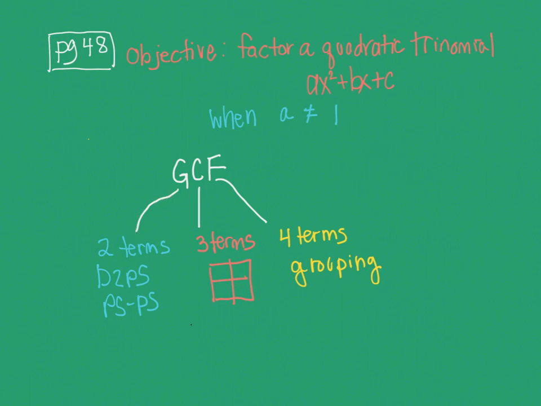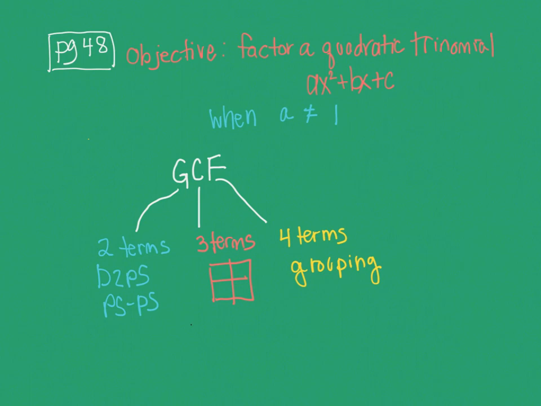If we have 2 terms, we look for the difference of 2 perfect squares, and the pattern is a perfect square minus a perfect square. If we have 3 terms, we use the idea of doing the reverse of the box method or the reverse of FOIL to figure out what our factors are.